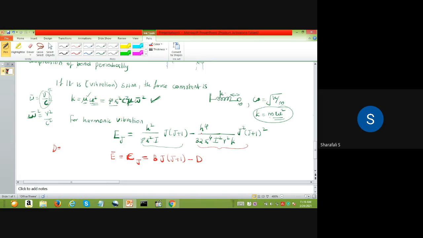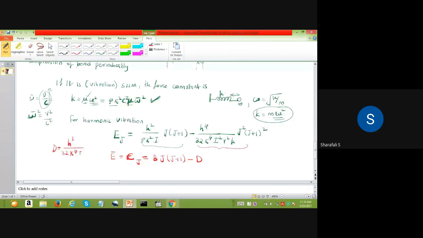So this term is multiplied with hc, then it will become h cube divided by 32 pi raised to 4 and I square, then we have r square k, then c. So this much of terms will be there for D. So this is D times j square into j plus 1 square.